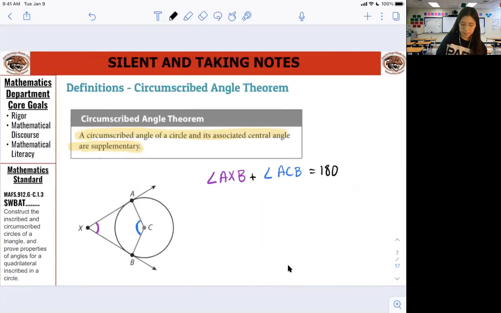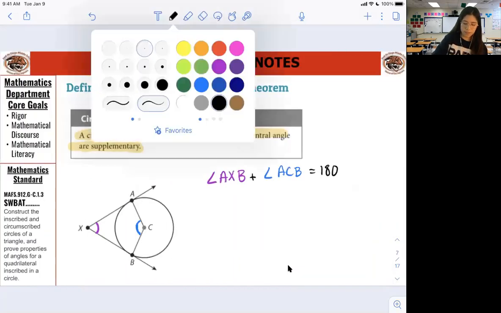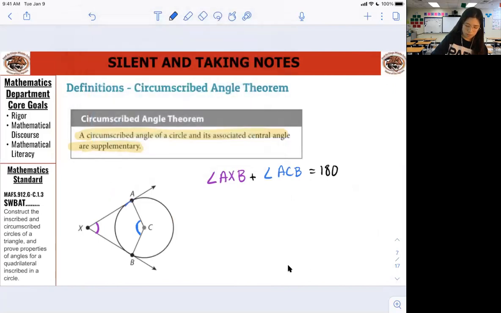In this example, here's an arc, AB. What is the relationship between AB and ACB? They're the same.